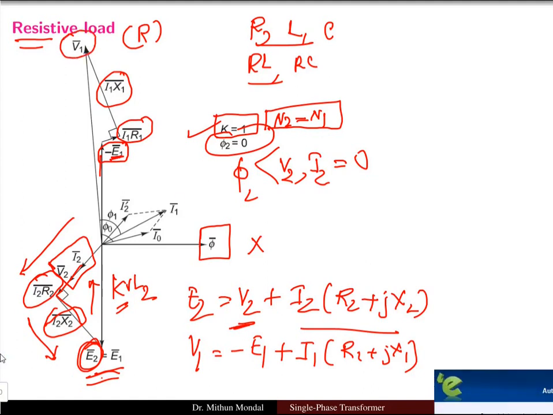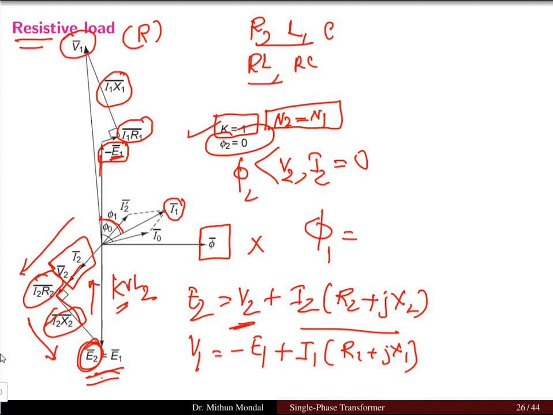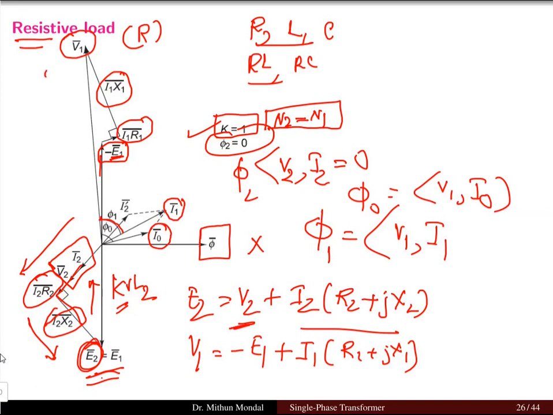The angle difference between the current I1 and the voltage V1 will be phi1. So phi1 is the power factor angle between the voltage V1 and the current I1, and phi naught is the angle between the voltage V1 and the no load component of the current I naught.